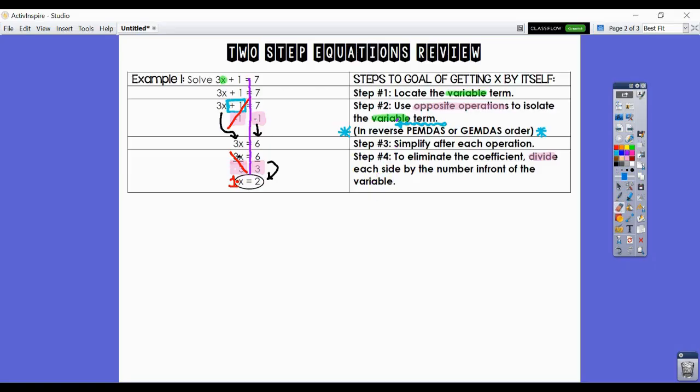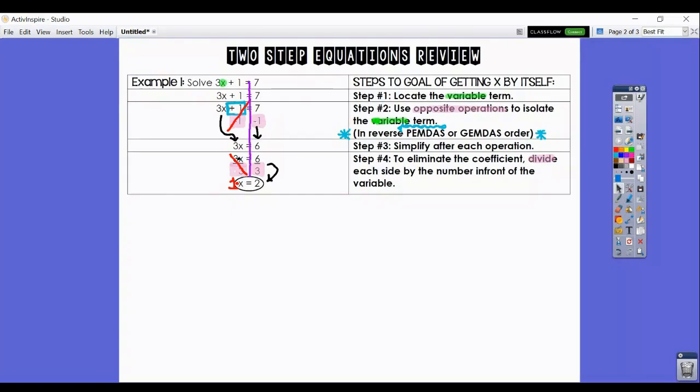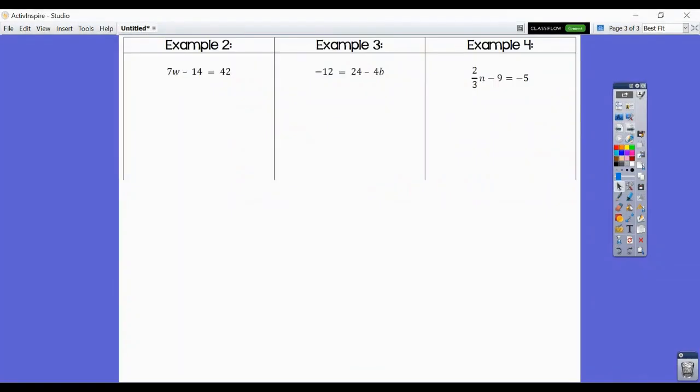What I have to do to one side, I have to do to the other side of the equal sign. Let's get some practice with 3 practice examples of how to solve these two-step equations. Think about those steps when we're solving these next 3.